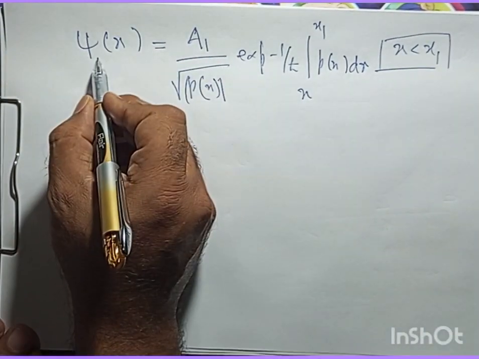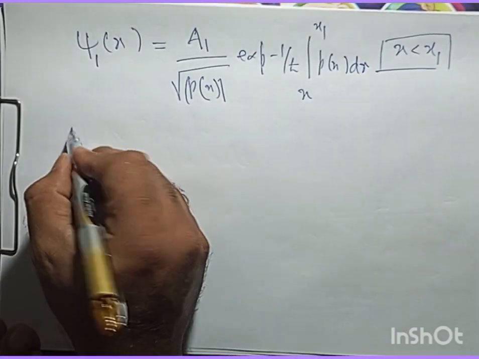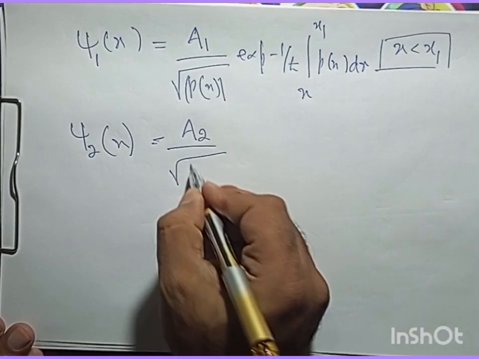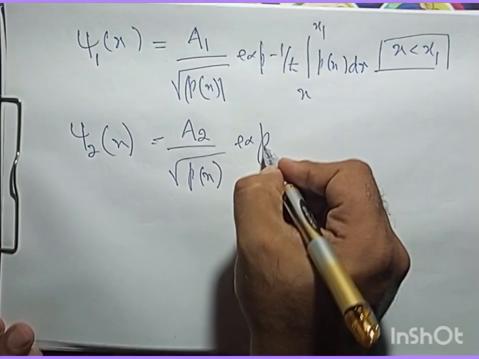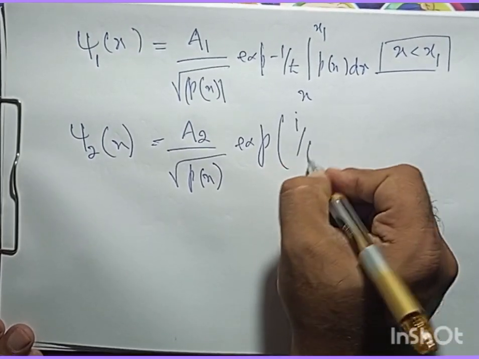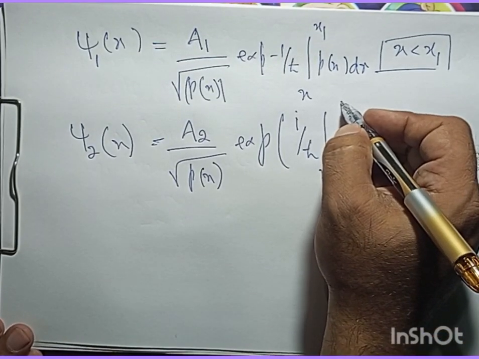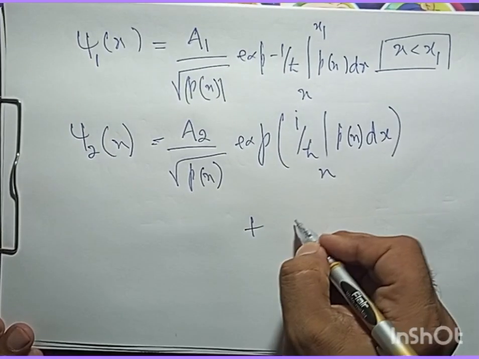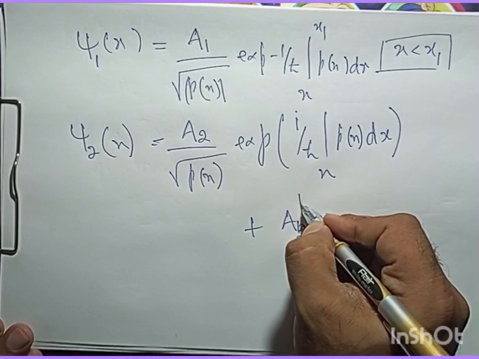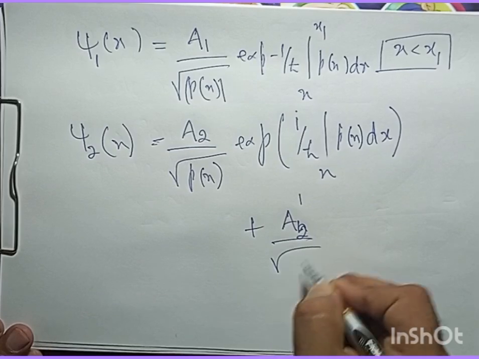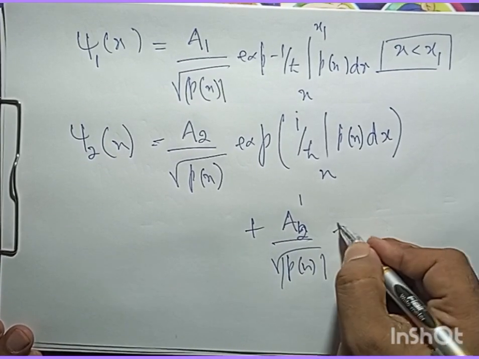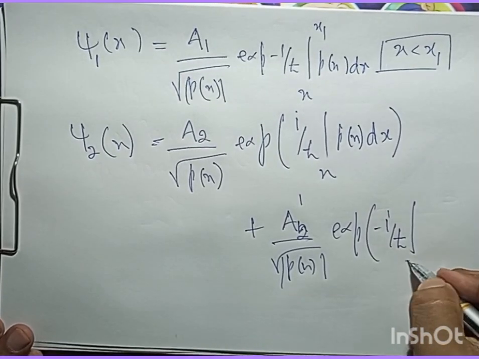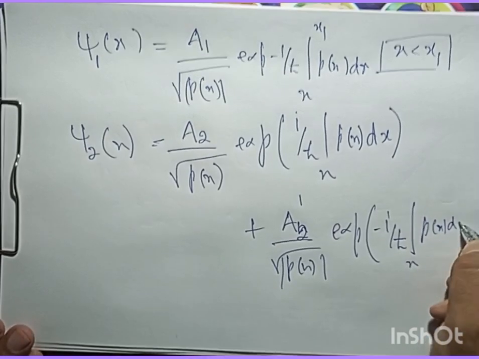So I'm less than x1, so this is my region 1, so I'll call it psi 1 of x, and then we can write down psi 2 of x as a2 by under root of p of x, then exp of i by h bar integral x1 to x p of x dx, then close it, plus a2 dash by under root of p of x, exp times minus i by h bar integral of p of x dx.